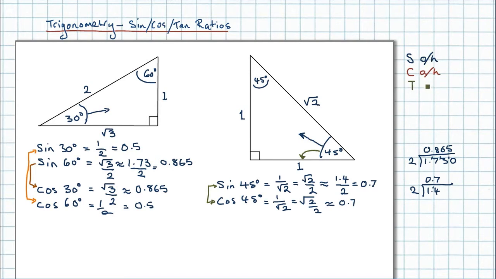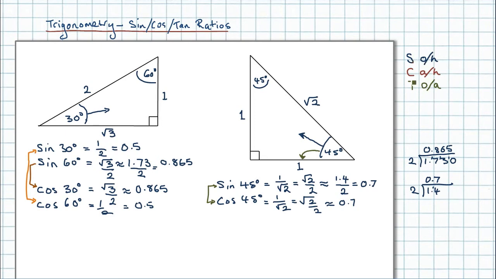And the tangent then is the opposite over the adjacent. So now we've got "so," S O over H, "ka," C A over H, and "toa," tan, is O over A. And that's how most of us remember it.